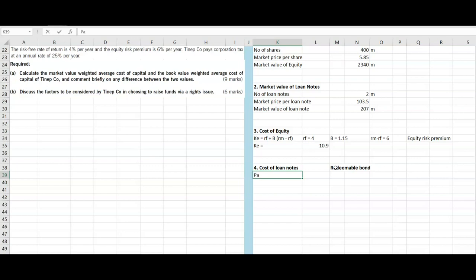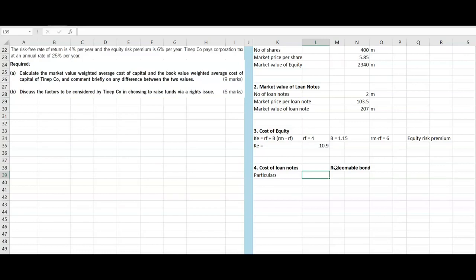So we'll take it as particulars. Then we'll have a typical IRR problem. However you work out an IRR problem, the same way we have to work out this.